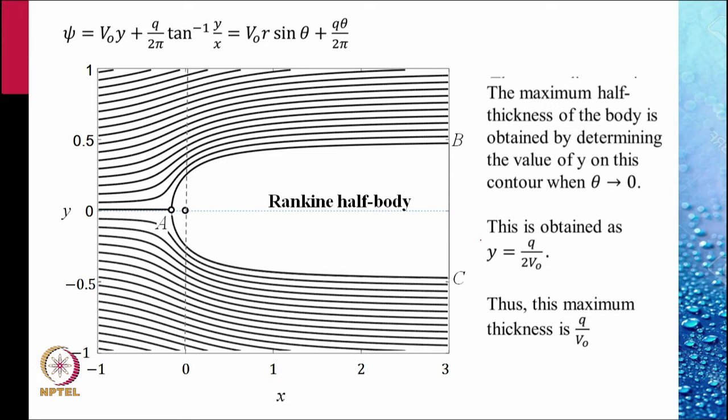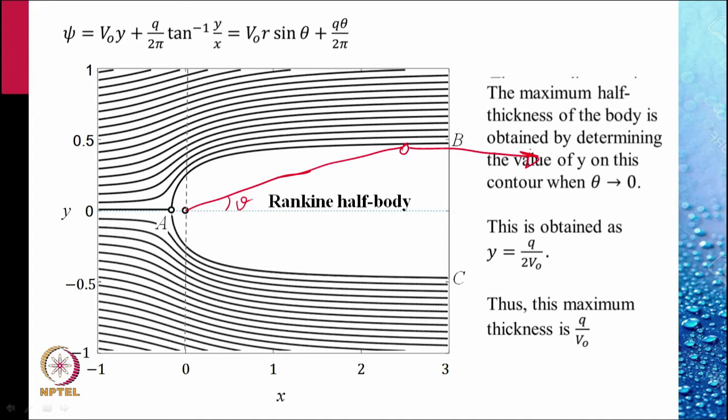The maximum half thickness of the body is obtained by obtaining the value of y on this contour when theta tends to 0. Theta angle is measured from the origin. As theta tends to 0, the point on the body moves to infinity.